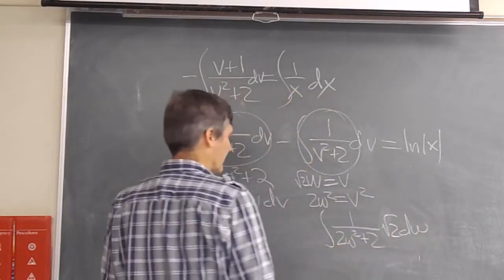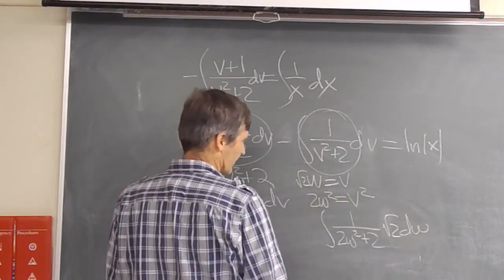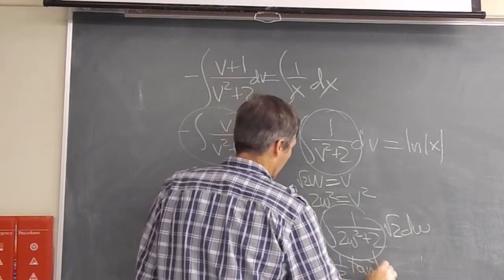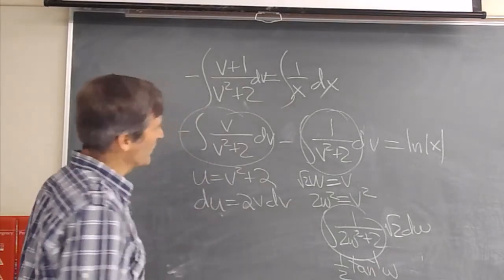And this one comes out to be an arc tangent, right? This is 1/2 the arc tangent of w. And then you can do this one by a substitution.